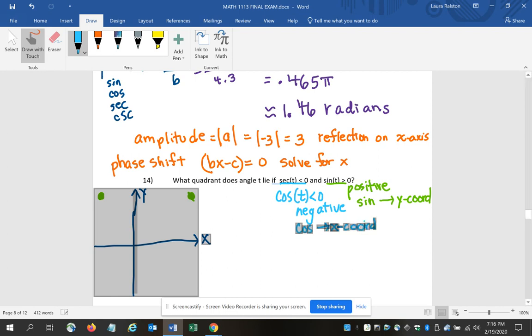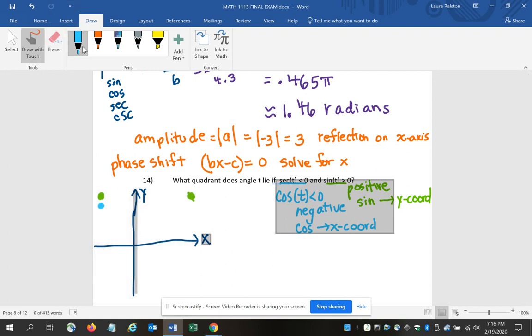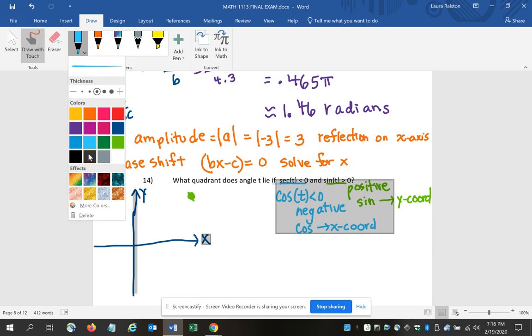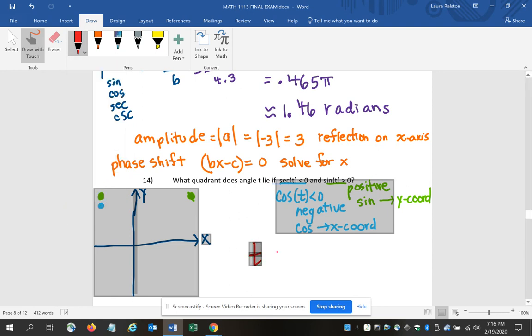So of my two remaining choices, where's my cosine negative? Is it negative in the first quadrant or the second quadrant? My cosine is negative here in the second quadrant. So ultimately, the answer to my question, in which quadrant does angle T lie, is that T lies in quadrant 2.